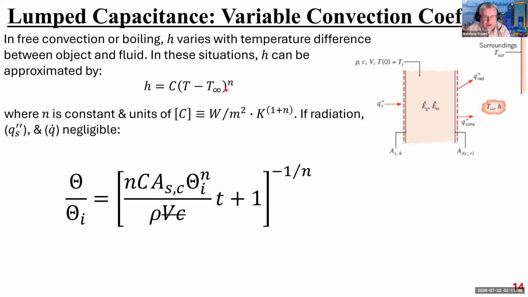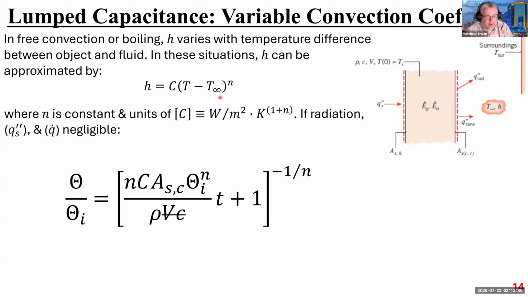And if I don't raise that to the 1 plus n power, I'm going to have a unit mismatch between the left side and the right side of the equation. So that's what I mean by 1 plus n. If you do choose some value of n, then you do have to account for the fact that you've added extra Kelvins, and you need those extra Kelvins to cancel out, right? So that's just what that means.